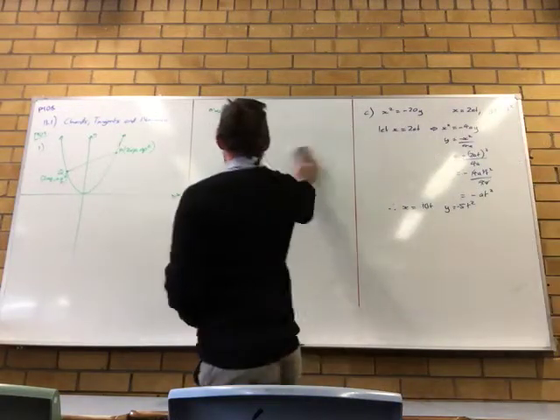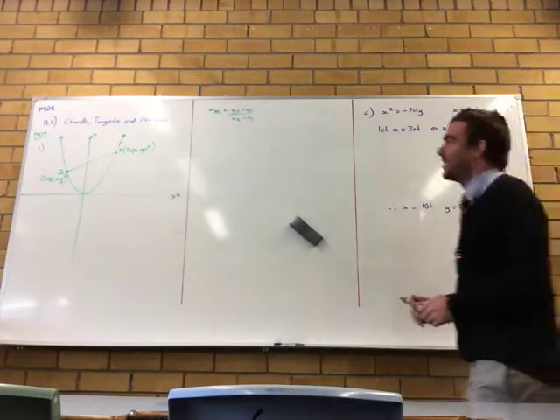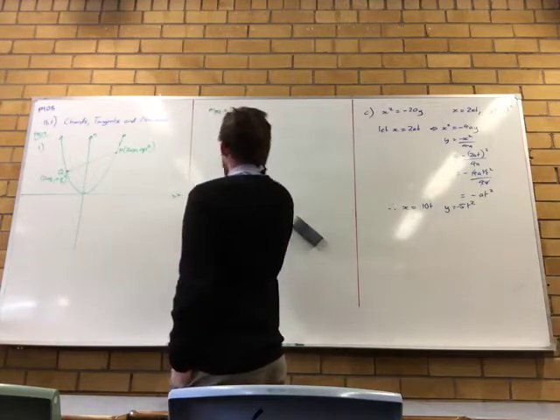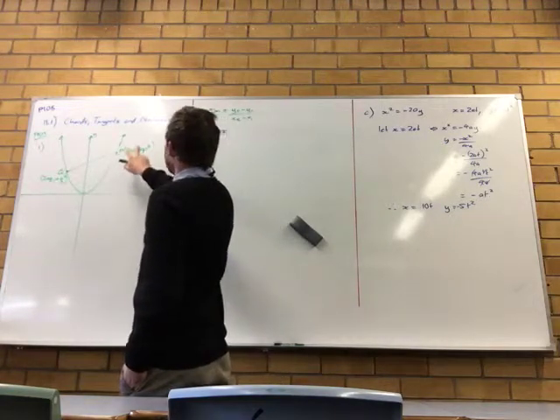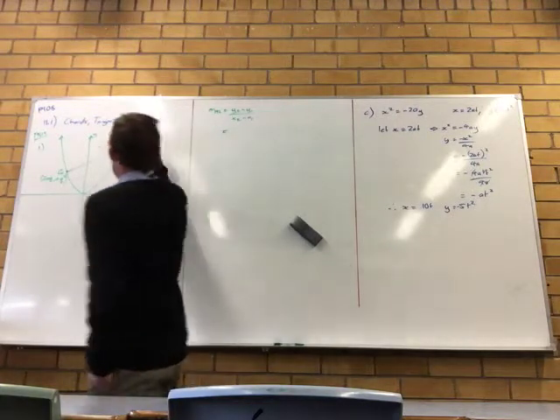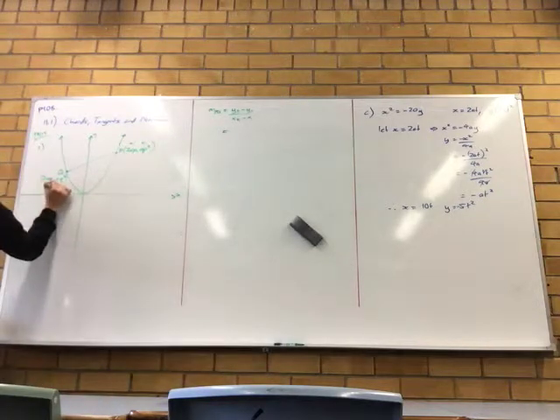But like I said, I've always got the habit of just finding the gradient and then substituting into the point gradient formula. It's just how I've done it. But if you want to do it the other way, go for it. Right, so I'm going to make P x2 y2, and Q is going to be x1 y1.